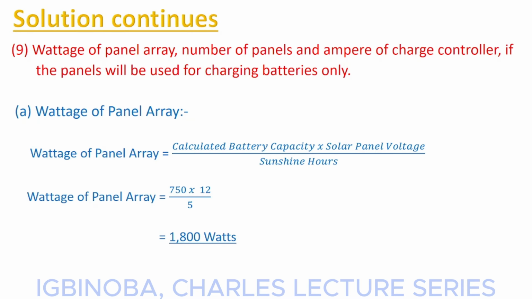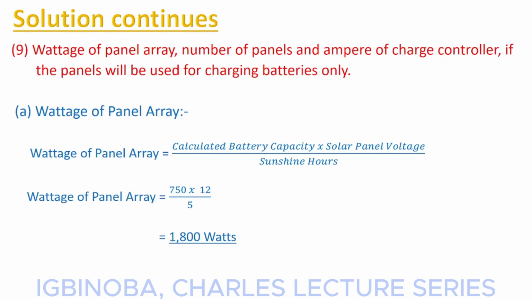What it simply means is that during the period of charging the battery, the system is not used for any other purpose but strictly for charging the battery. It is after charging the battery during the day that the energy stored in the battery will be used. So that's exactly what this particular question implies.